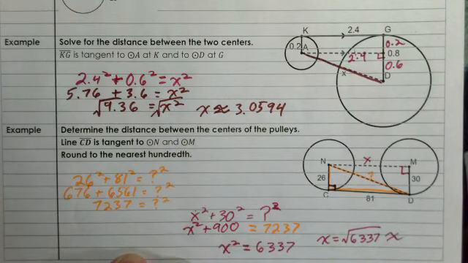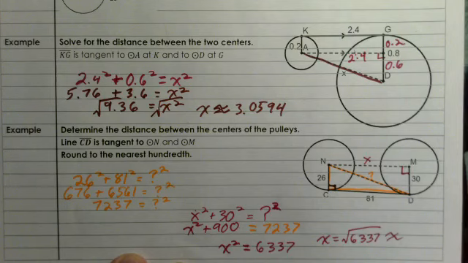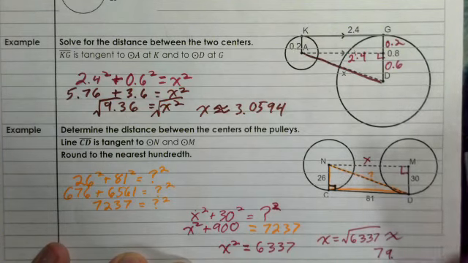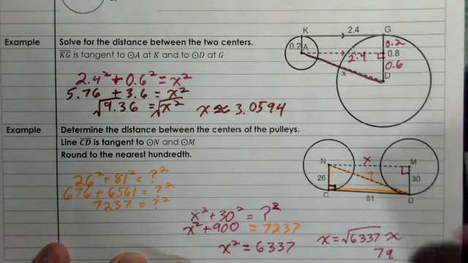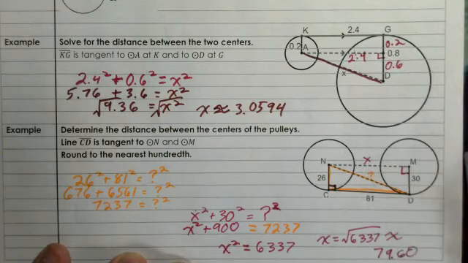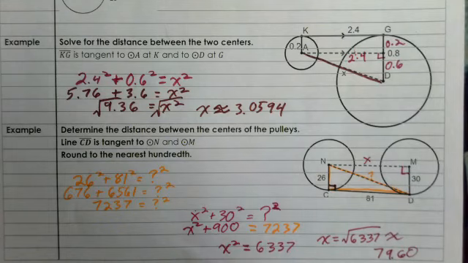So the square root of 6,337 is 79.6... and to the hundredths, that's going to be 6. I'm going to round it down to 60. You could round it up to 61, depending upon how you want to interpret 5. Some people round the 5s up, some people round the 5s down.